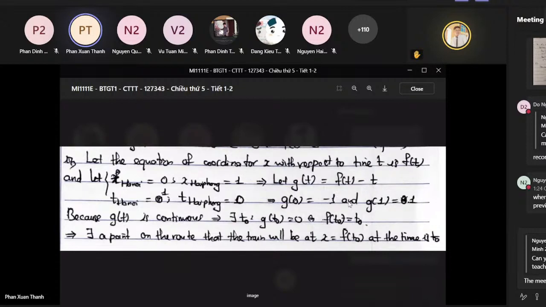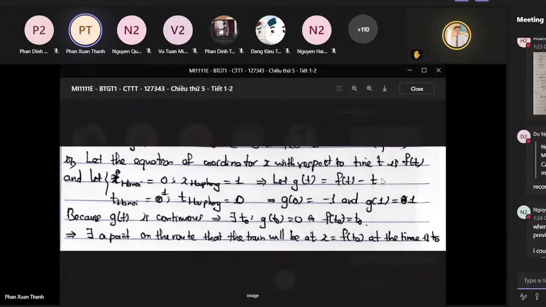But let's think about the units of t and f(t). f(t) is a position, so it is measured in length, or meters. But t is the time. You understand that f is a position, so its unit is meters, and t is time, so why can we take the difference of these two?